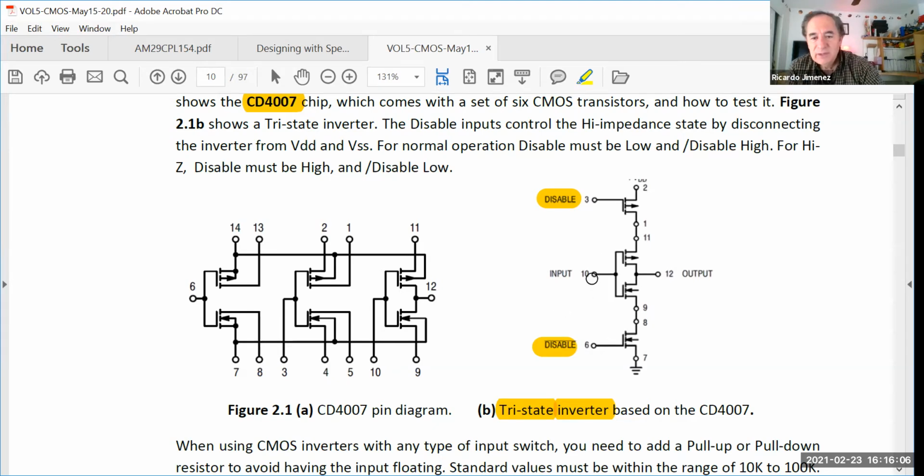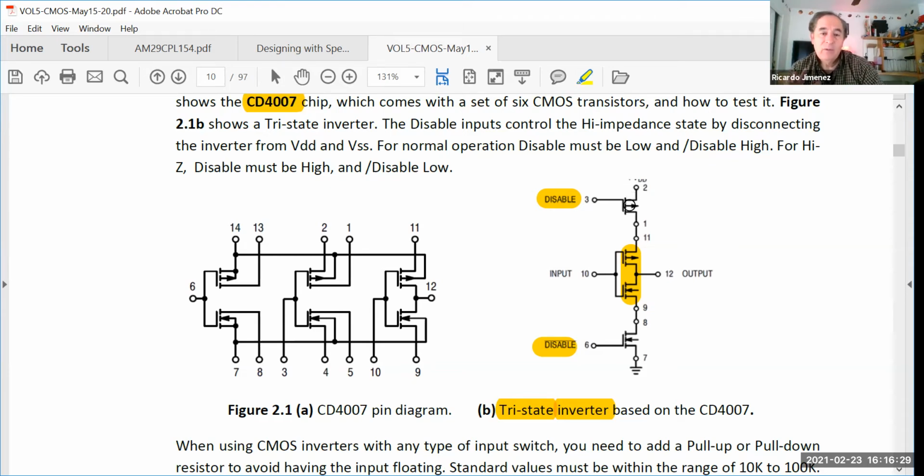When you are using this one, this connects the inverter. This is the inverter made of these two transistors. This one connects the inverter to voltage, and this one, like a switch, connects the source to ground. This is the drain to voltage.